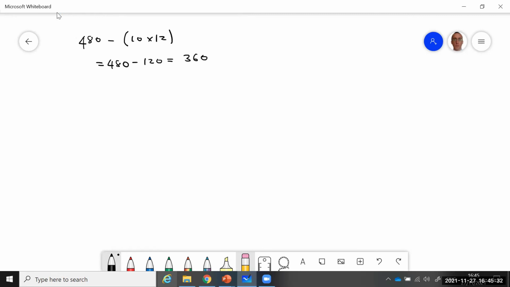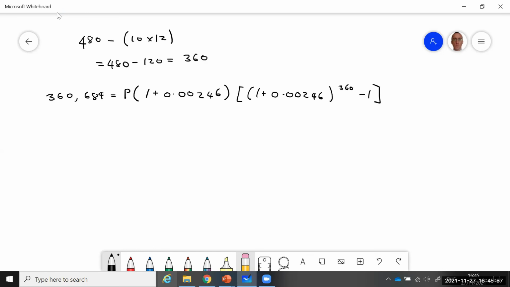The formula is the same as before. So 360,689 equals P, and unfortunately the growth rate is still the same: (1.00246^360 minus 1), all over 0.00246.